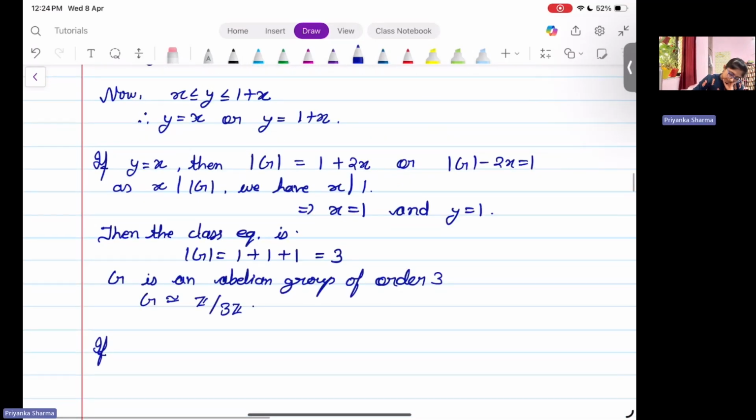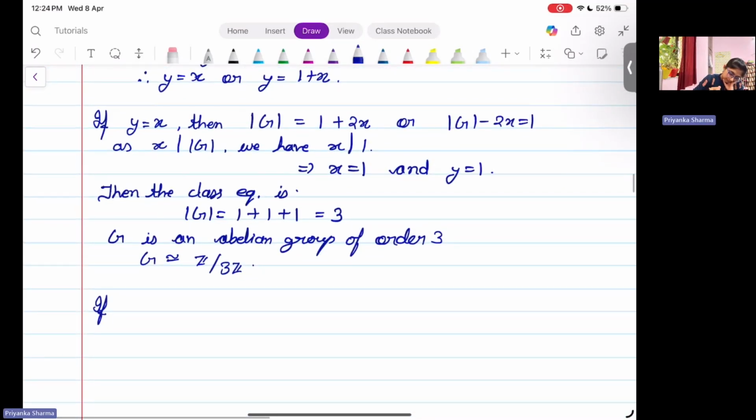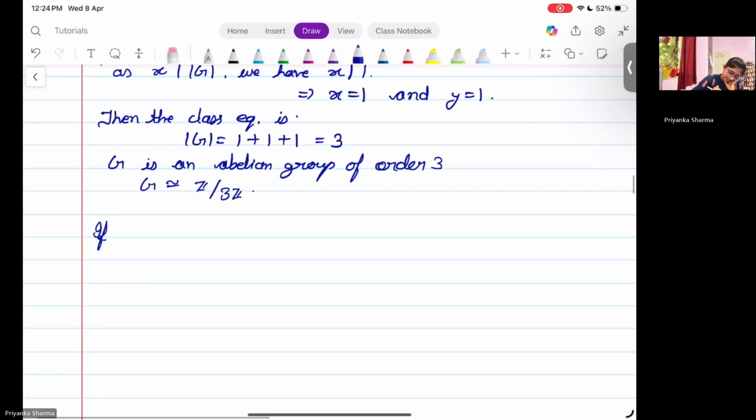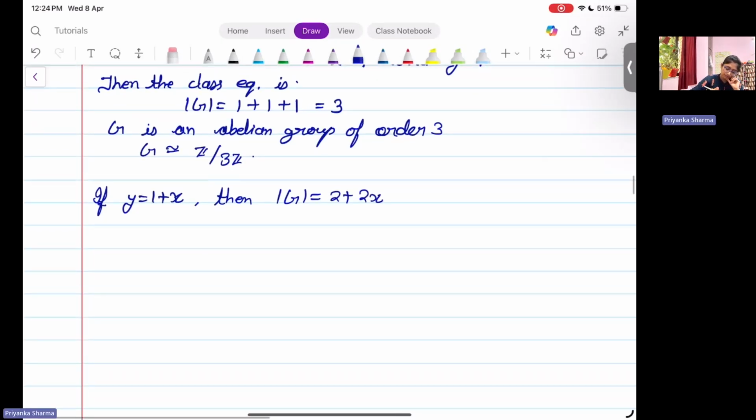Consider the second condition, that y is 1 plus x. Then order of G will be 1 plus x plus y. So that will be 2 plus 2x. That means order of G minus 2x is 2.